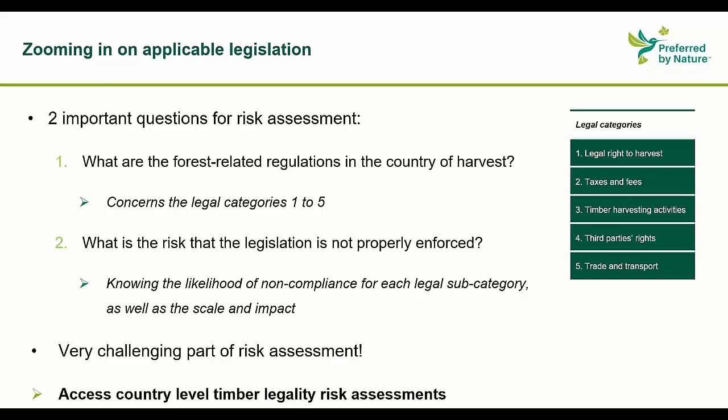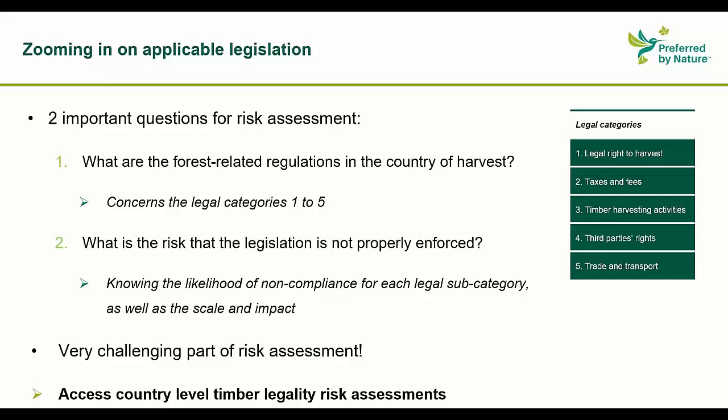Legislation related to taxes and fees. The legislation related to timber harvesting activities, so for example, health and safety, legal employment. Legislation that would include third parties' rights, right? So local communities, indigenous peoples, and legislation that includes trade and transport. So we need to see in the country of harvest that we are looking at, what are the legislations to cover all those categories, and is it good enough?